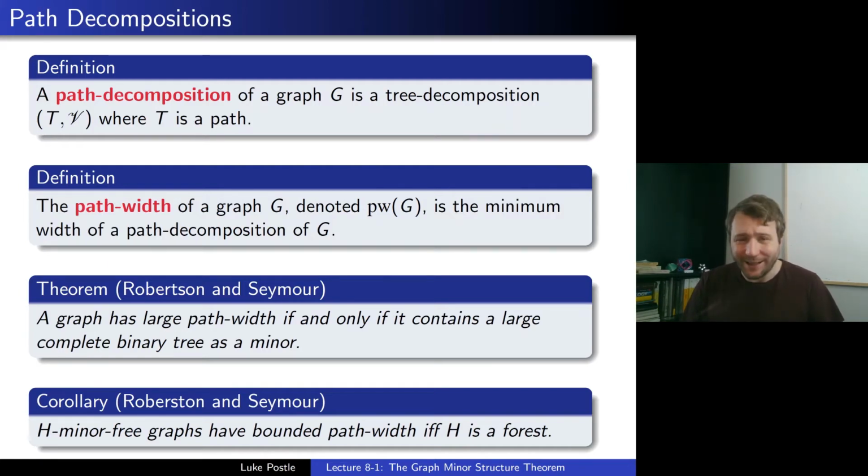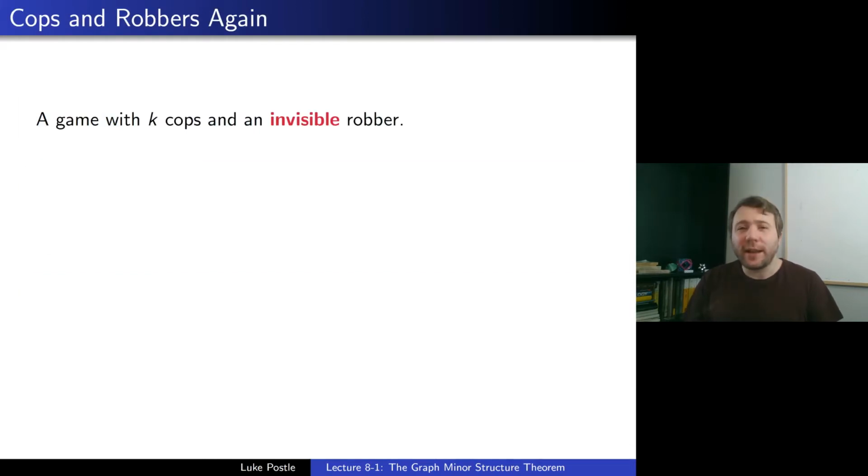That's quite nice. The other point about path decompositions I wanted to make is there's an analog of cops and robbers there, which I alluded to, where you have k cops, and again they move in helicopters, and you have a robber who's infinitely fast but can't go through cops. Except this time, instead of being visible to the cops, the robber is invisible to the cops.